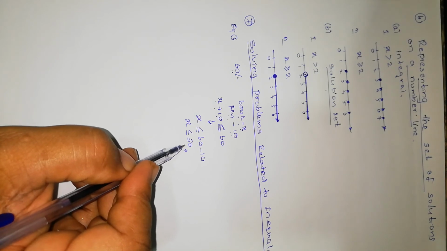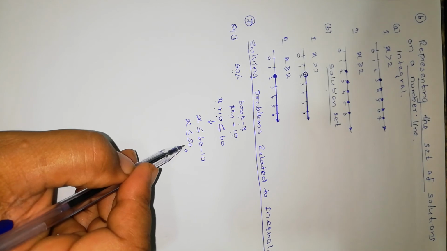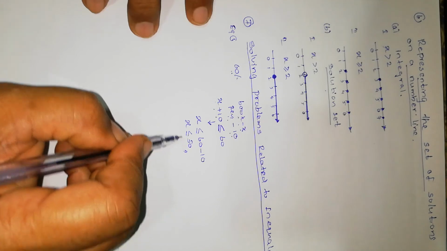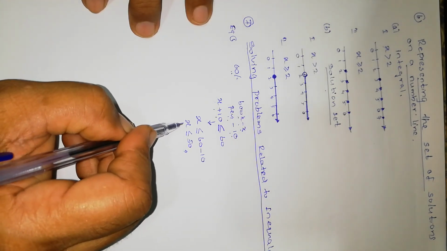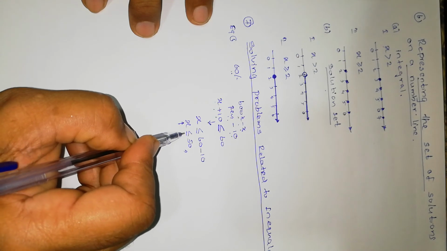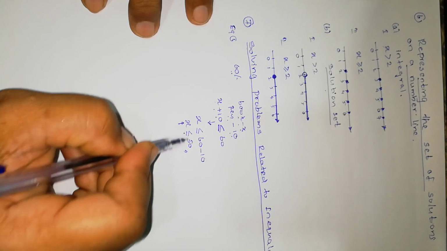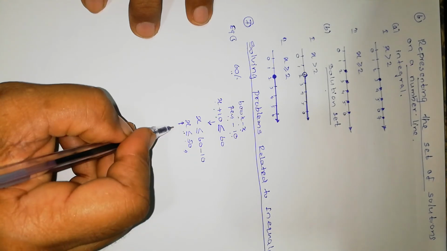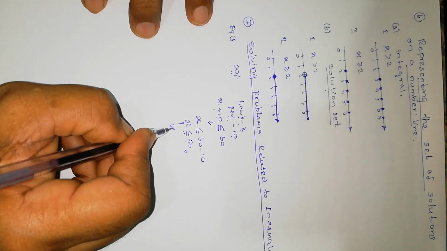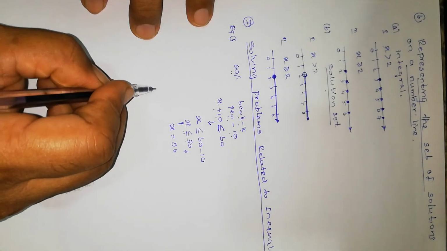There's another question: determine the maximum price that the book could be. Maximum price: what is the highest value that x can take? The highest value should be equal. x should be less than 50 or equal to 50. Then the highest value for x is 50.